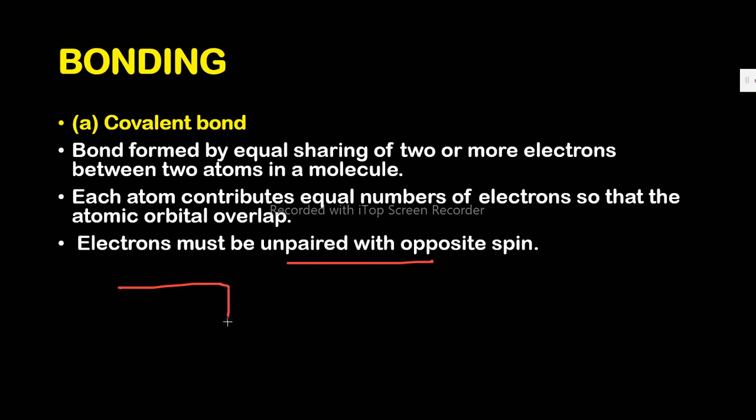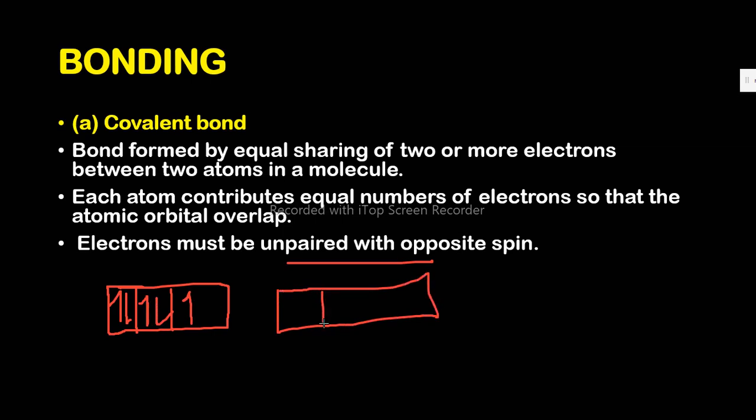That's the obvious case. Otherwise, let me try to illustrate this. Maybe this is atom A and this is its outermost electron, and this is atom B with its outermost electron.